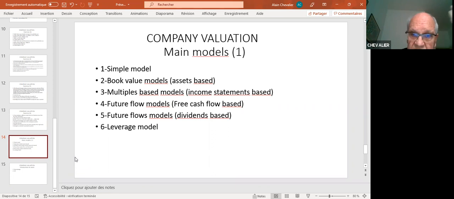We have all these categories of future flow models with two main basic approaches. The first one is based on free cash flows, and the second one is based on dividends.